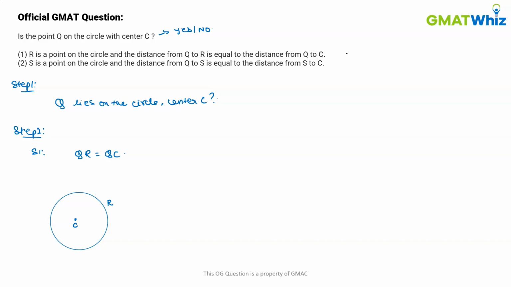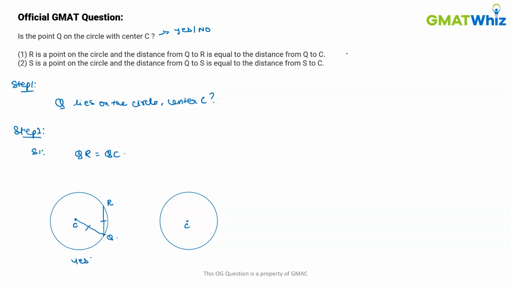Now we can have one instance where Q lies on the circle and the distance QC is equal to the distance QR. So in this scenario, we can say that yes, the point Q lies on the circle with the center C. Now let's take another example.